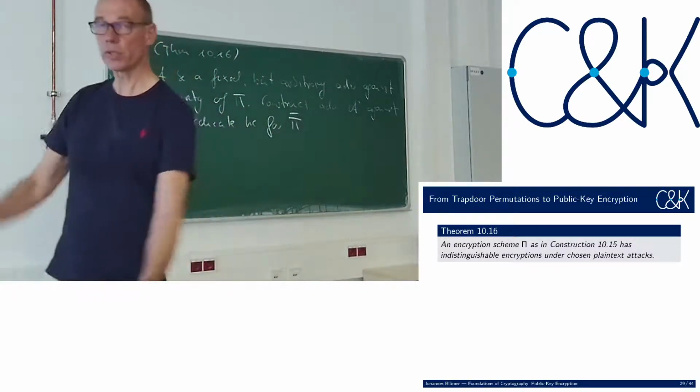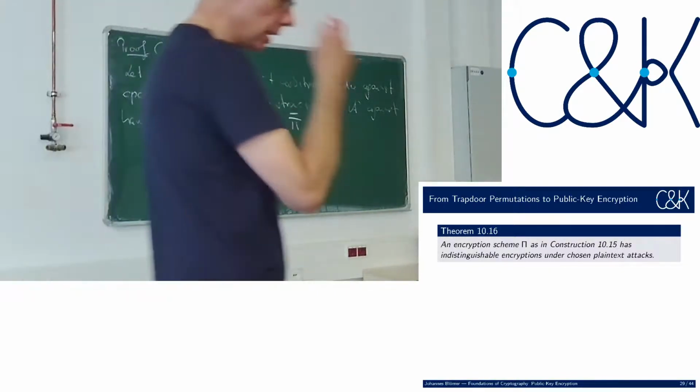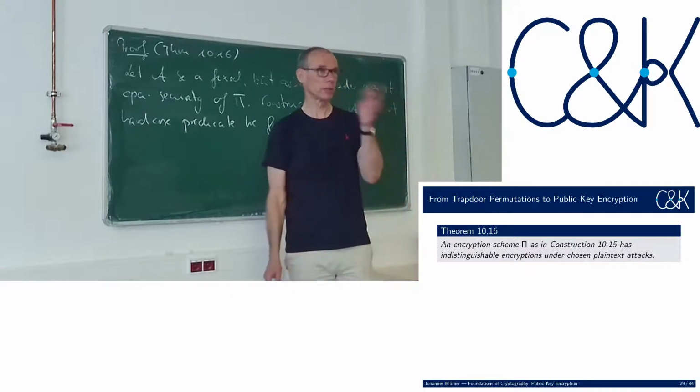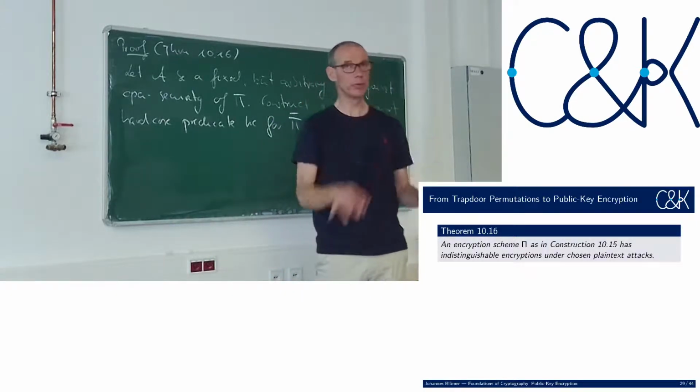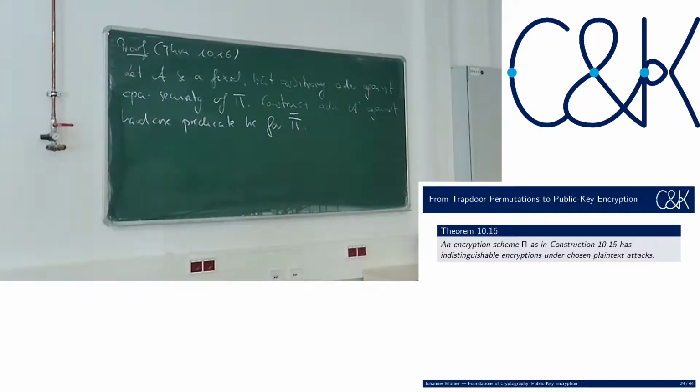So given an adversary against this scheme, we construct an adversary that recovers hardcore predicates. And the way we do that is very similar to what we saw in previous security constructions for private key encryption schemes. Also there, the CPA construction. Overall, the proof is very similar. The details are different.